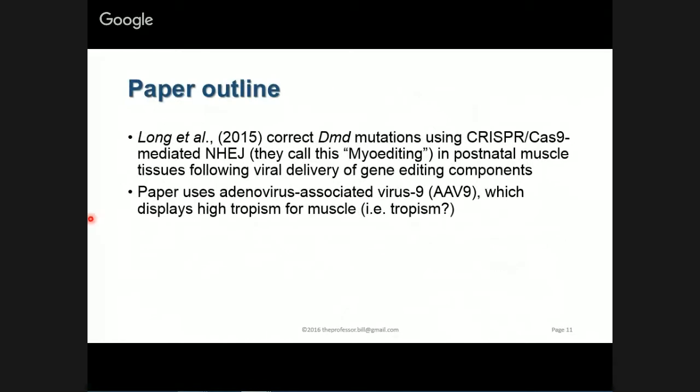So in this particular paper that we're taking a look at, they're just using CRISPR-Cas9 to get this non-homologous end joining, which they call myo-editing. Literally, they're doing CRISPR-Cas9, taking out snippets of DNA and allowing it to self-anneal. And they're doing this in postnatal muscle tissue after delivering these viral components.